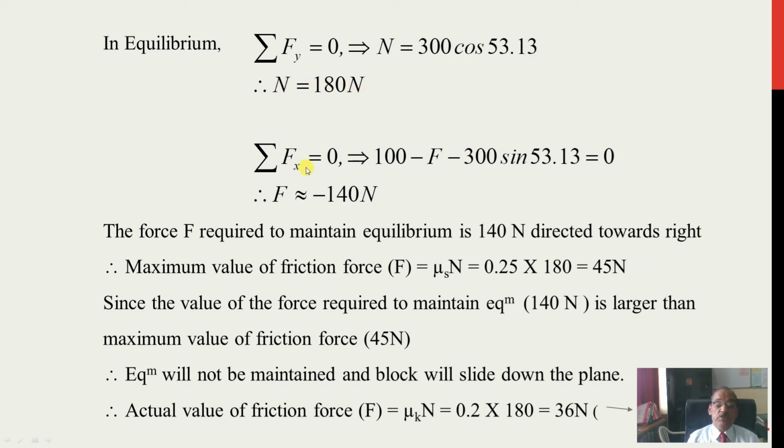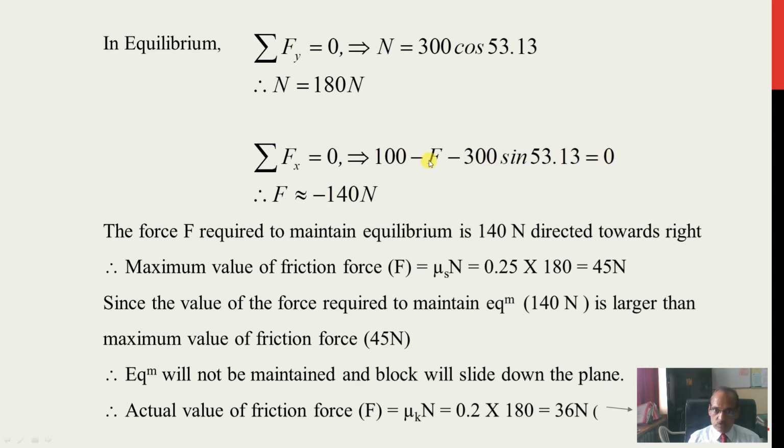Now summation of Fx. Fx means forces along the inclined plane. So along the inclined plane, what are the forces acting? This 100 Newton, if you refer to the previous figure, is acting upwards, that's why it is positive. F is acting downwards along the inclined plane, that's why negative. And this 300 sin 53.13 is also acting downwards, that's why negative, equal to 0.